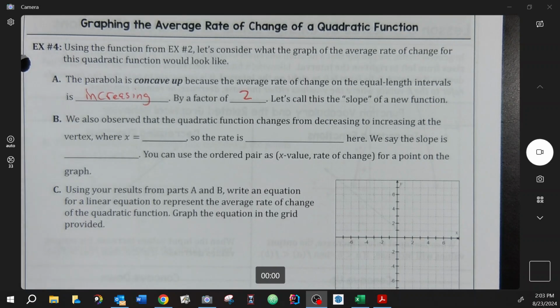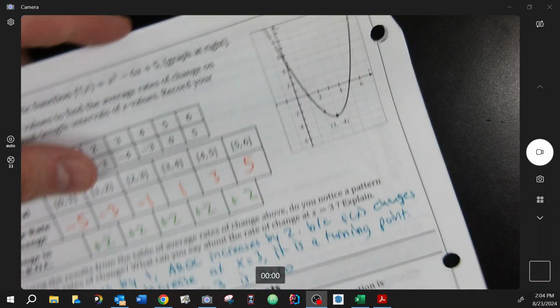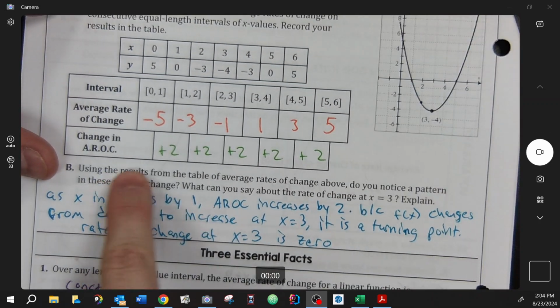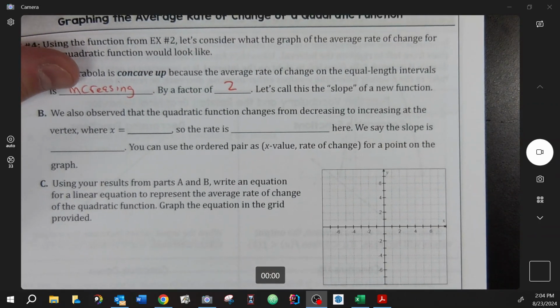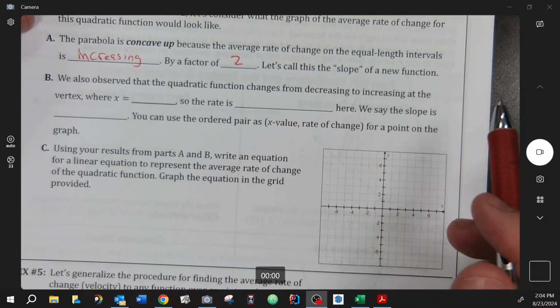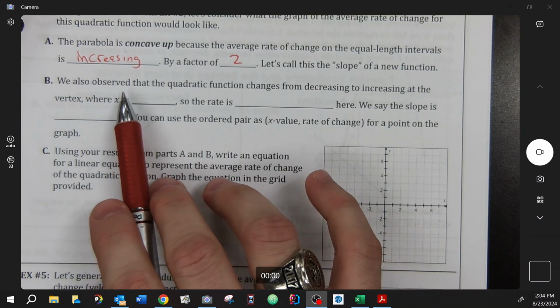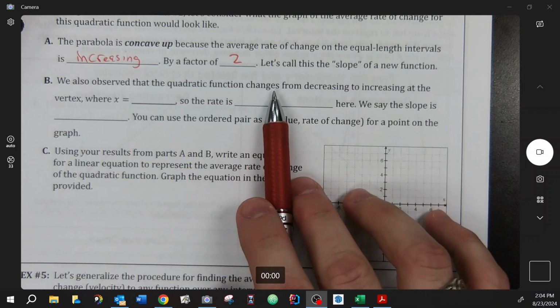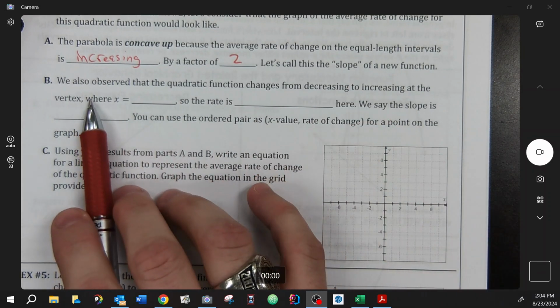If we call that 2, which was how the rates of change were changing, the slope of our rate function, let's call it a rate function. We also noticed that our quadratic function went from decreasing to increasing at our vertex.